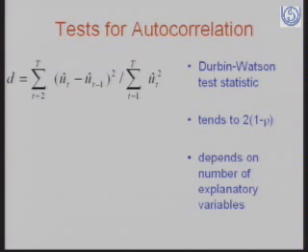If it is greater than 2, there is also autocorrelation. Then we have two limits, the upper limit and the lower limit. Depending upon these two limits, we can decide whether the hypothesis should be rejected or not rejected.